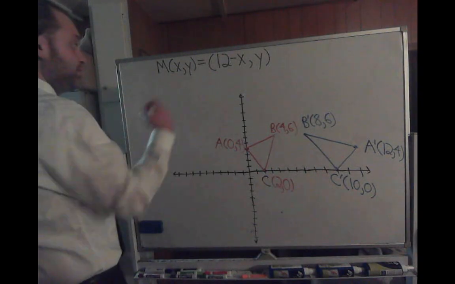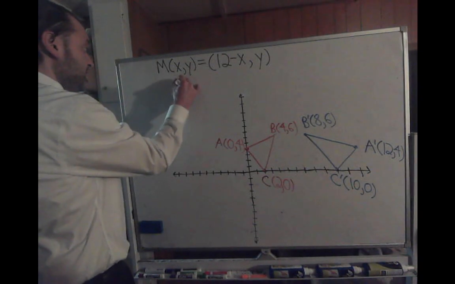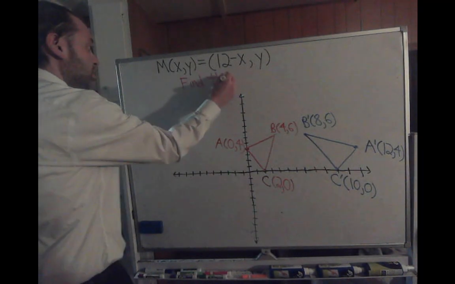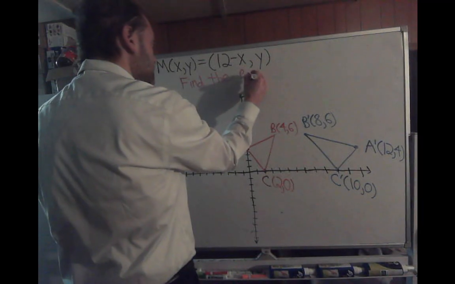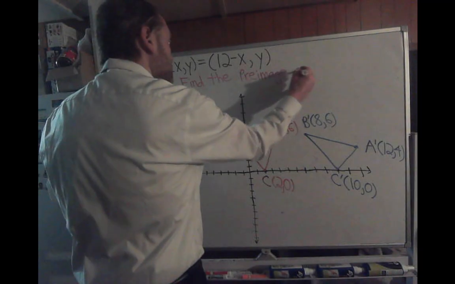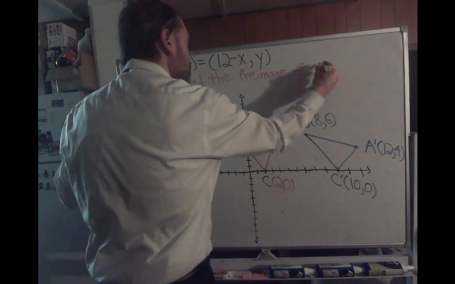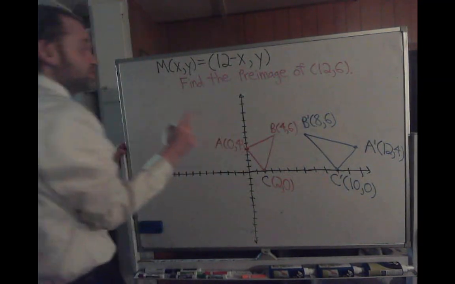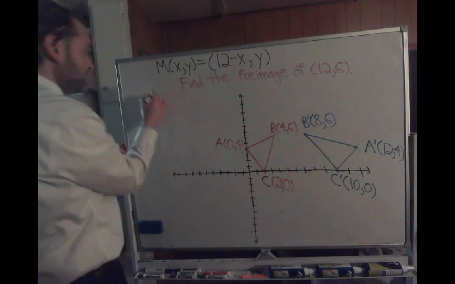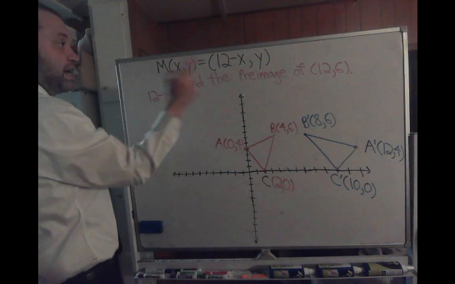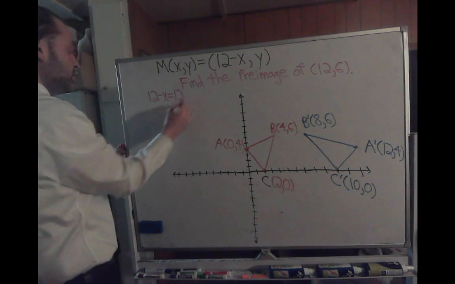Now we need to find the preimage of (12, 6). Alright, so again, take that 12 minus x for your function, set it equal to the preimage value of x of 12.